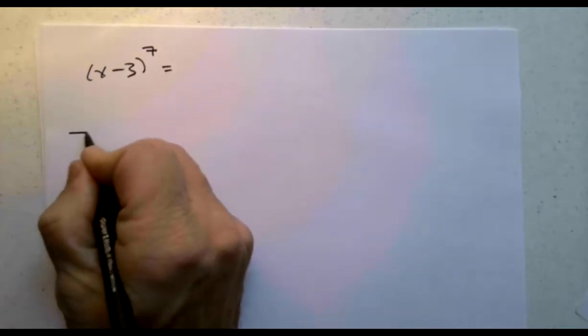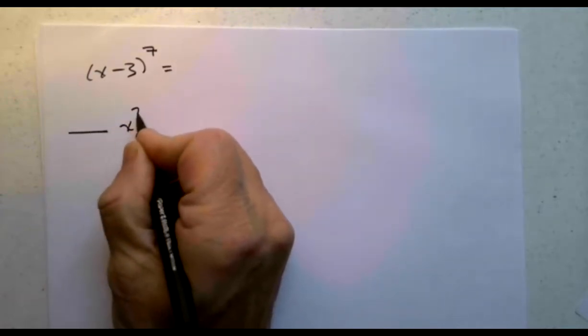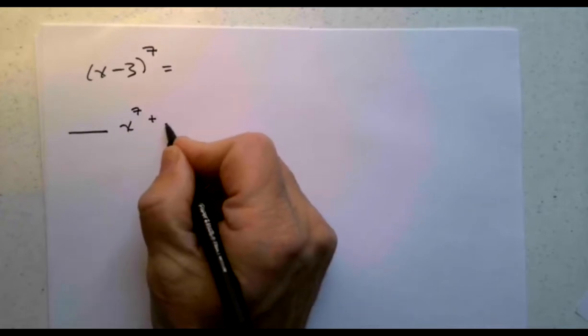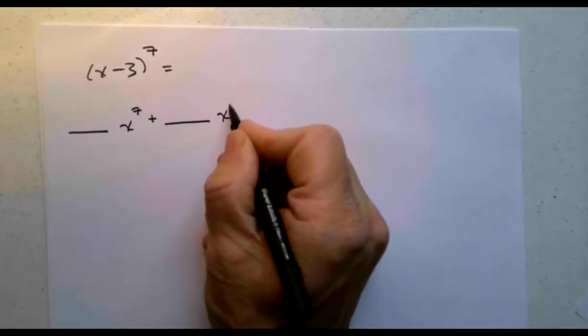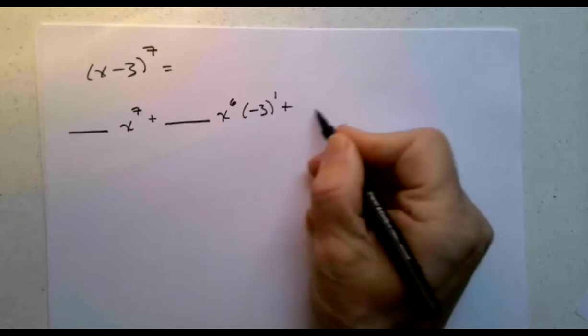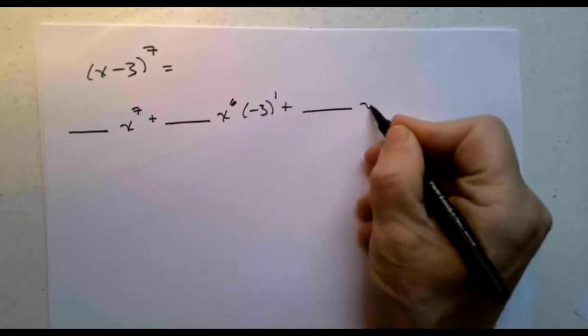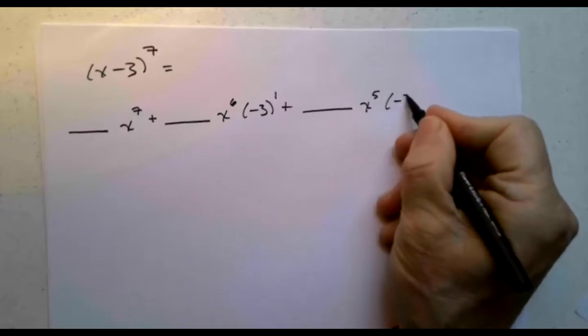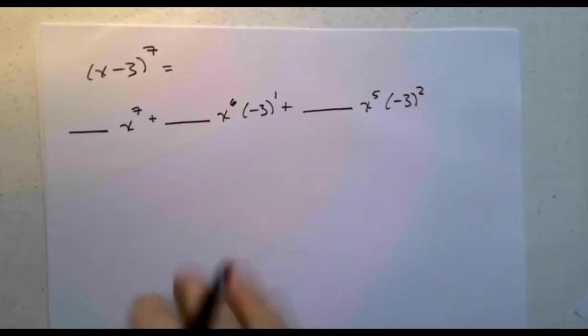So this will be something x to the 7th plus something x to the 6th, -3 to the 1st, plus something x to the 5th, -3 to the 2nd.